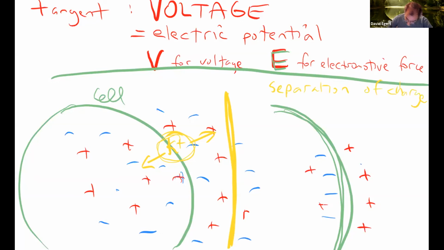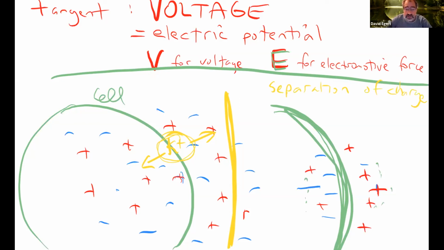So at this point here, I've started pumping stuff out, and if you look at just this membrane here, this side actually has more positive, this side has more negative. So I have a separation of charge that has happened here.